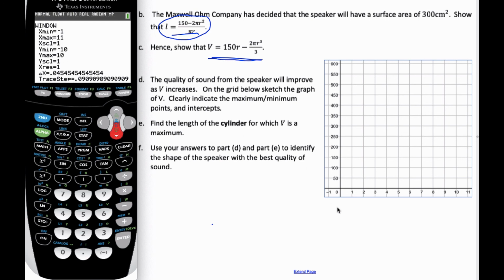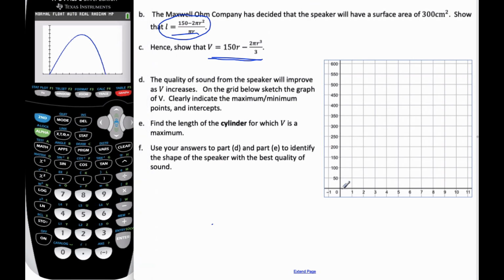And my y minimum, well, I'm going to go -50 all the way up to 600. And let's make the y scale also by 50 because it's going by 50s. And so when I then sketch my graph, the window I have here is an exact copy of this. And so then I can easily sketch this on.